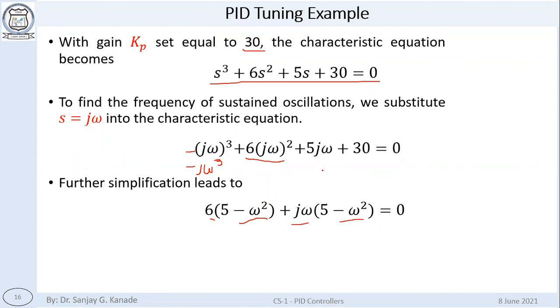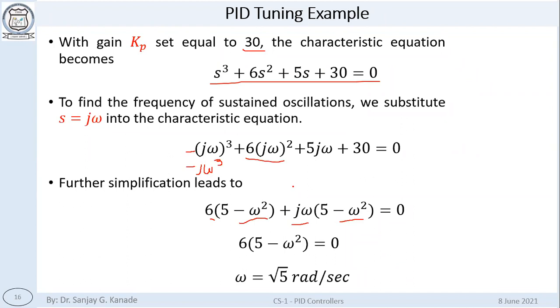These are here. Then 5 j omega is as it is, and 30 is as it is, right? Okay, so further simplification will give us this kind of solution, and finally we get omega is equal to square root of 5 radian per second.